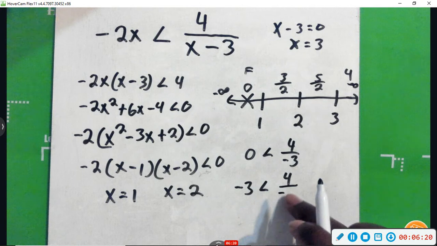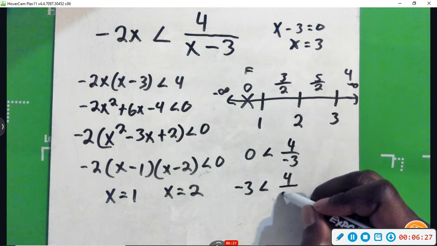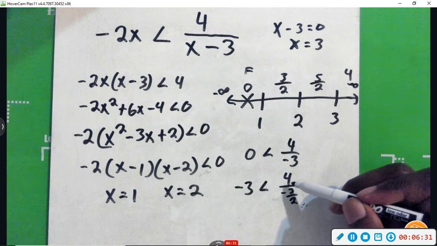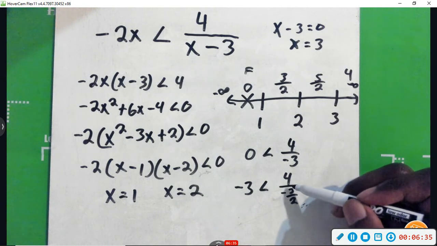I actually need to work that out. Negative 1.5, so negative 3 over 2. Flip, we get negative 8 over 3.